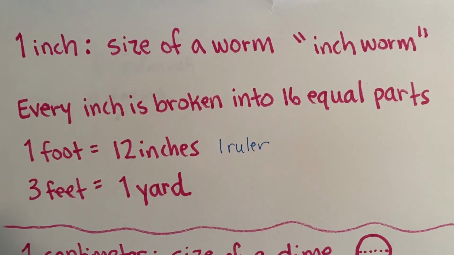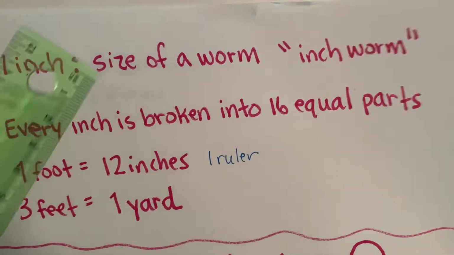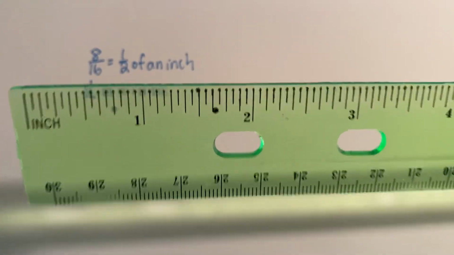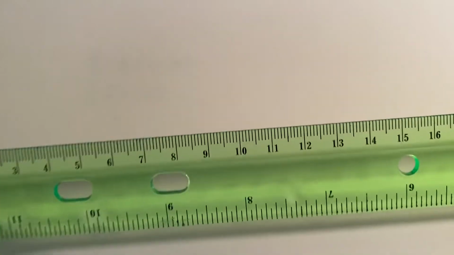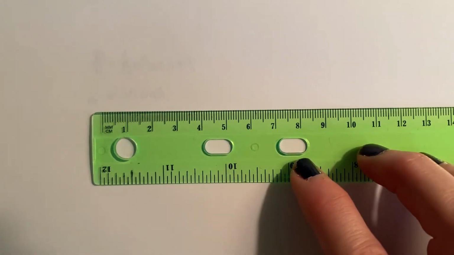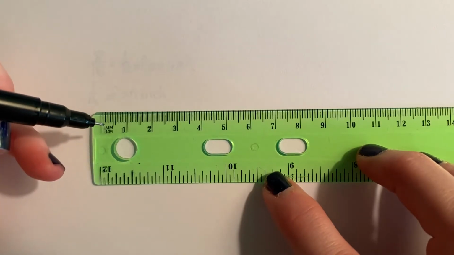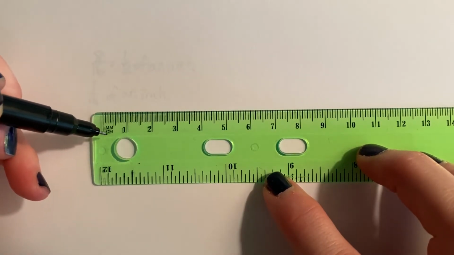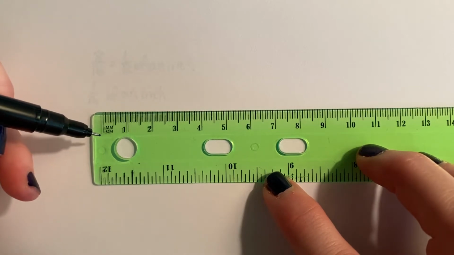Now, when you take a ruler, right? You have this ruler, and you flip it to the other side. You turn it over. Now we're in the metric system. Check this out. I don't know if you can see here, but this says millimeters, mm, and cm, centimeters.